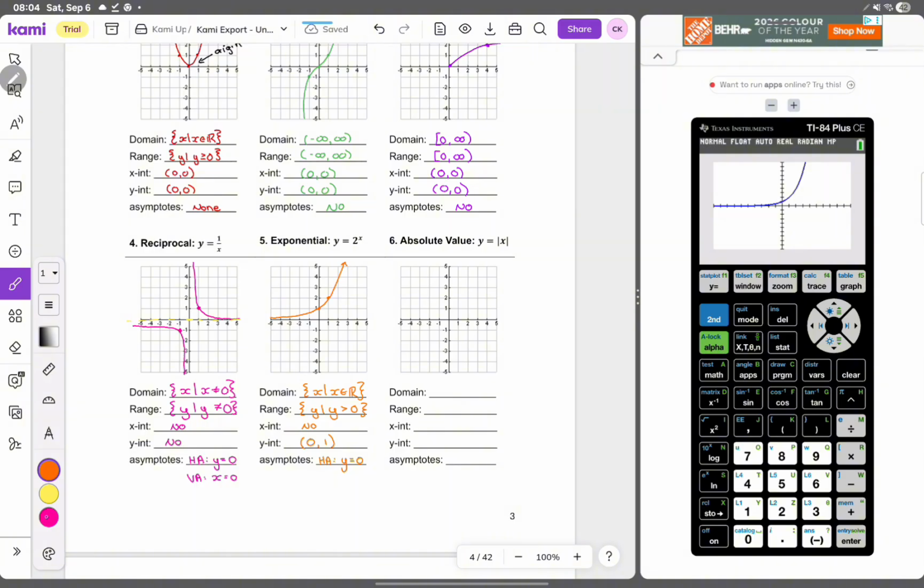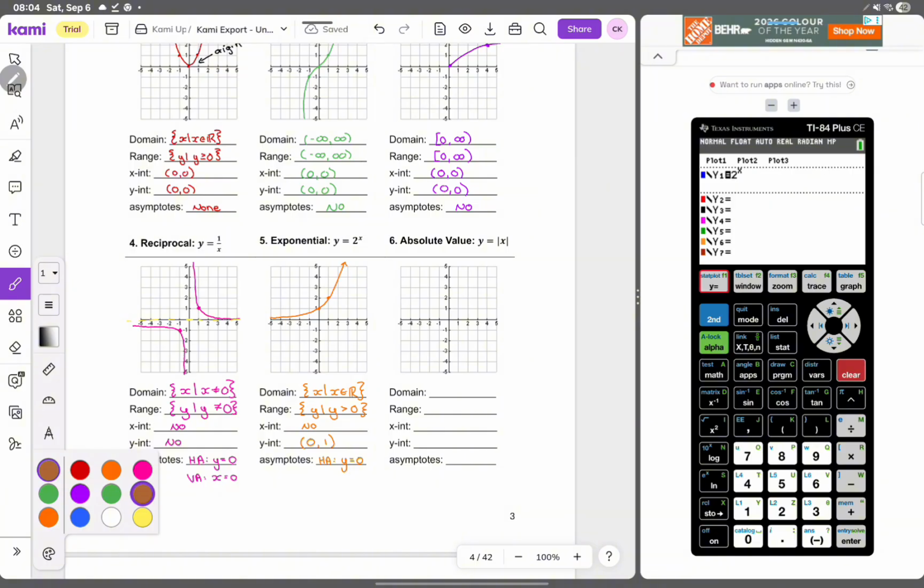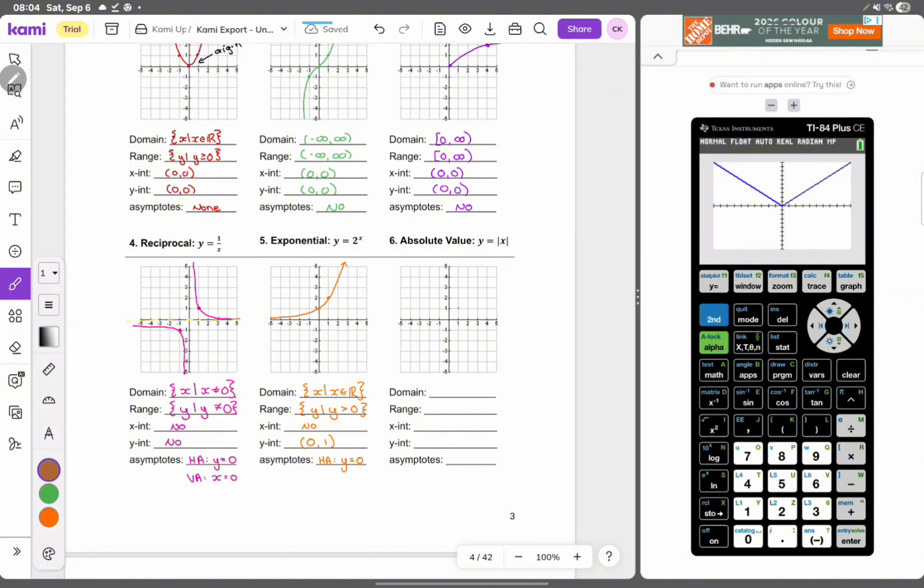All right. And our last graph, which is our absolute value. So if we go in here, absolute value of x, and we graph that, and we get this lovely V. So this is just a linear function that we've said can no longer be negative, which is why we end up with this kind of V shape.